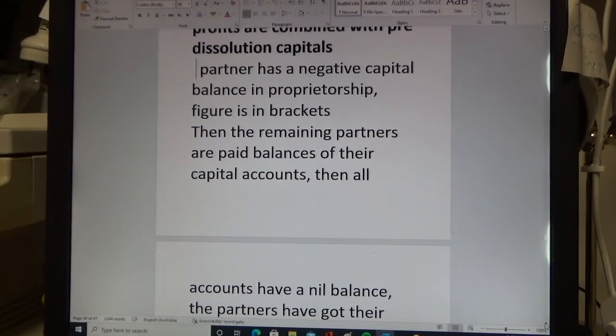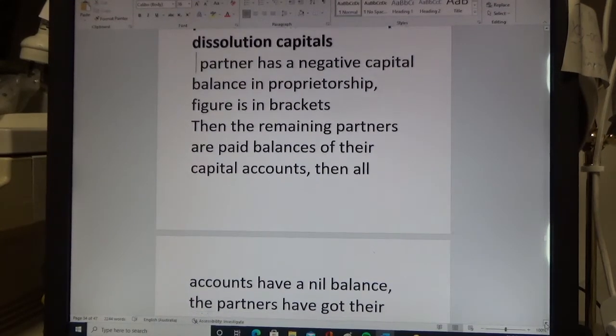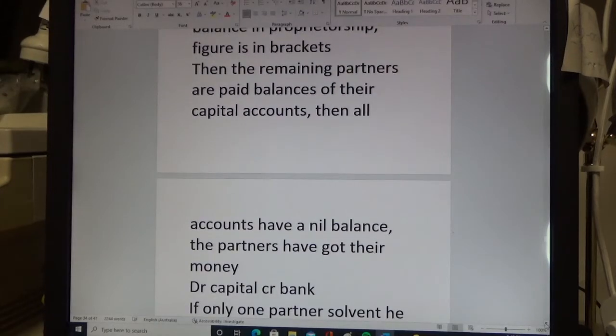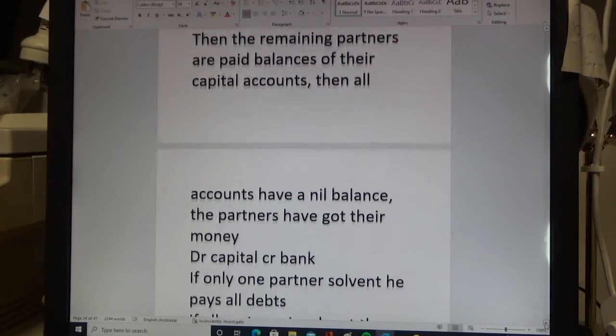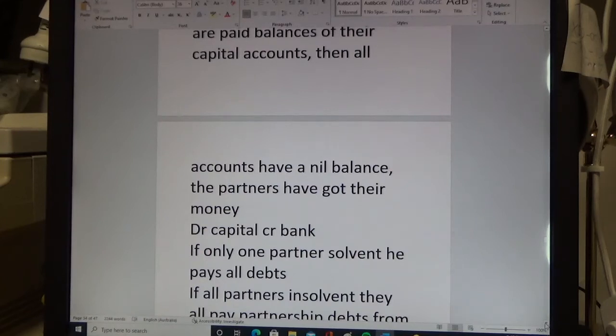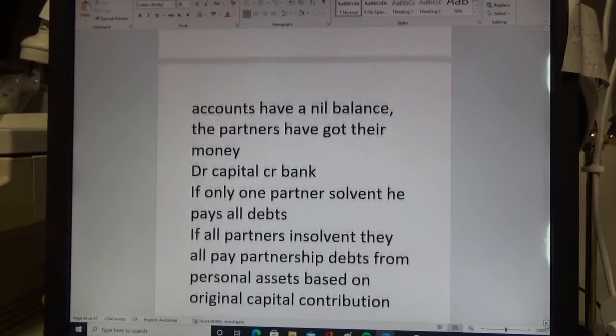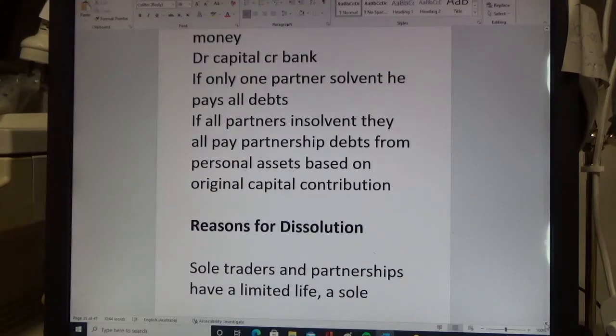Then once those partners have covered the insolvent partner, they can start paying out capital balances to all the partners until there's a nil balance according to the profit sharing ratio. Debit capital, reduce it, credit bank if they have to settle the partner's debts.